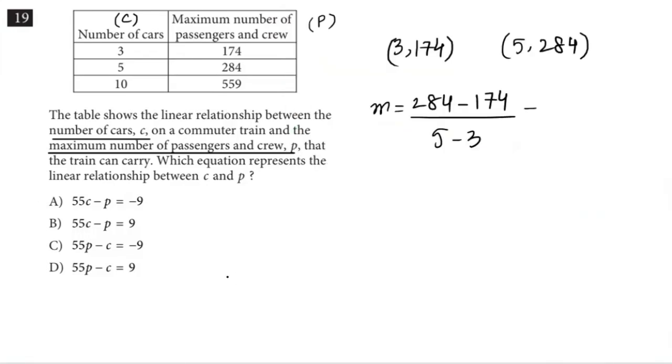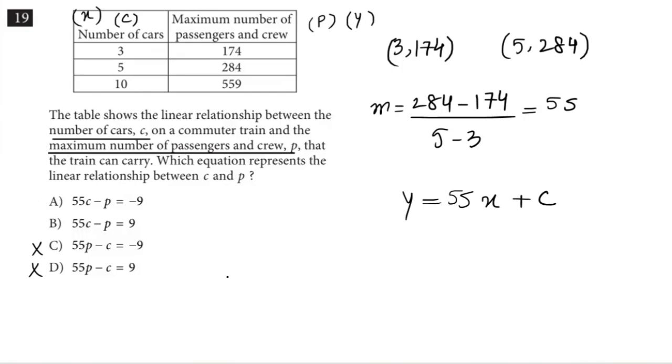So we know that the gradient is 55. Let's call P y and C x. So it's easy to make the equation y equals mx plus c. So 55 comes with C, so options C and D are incorrect. It must be one of A and B.